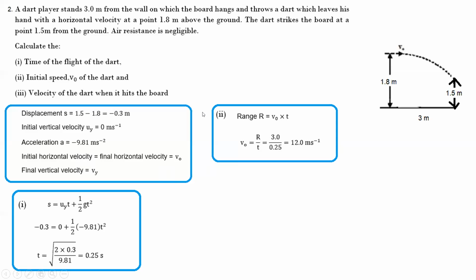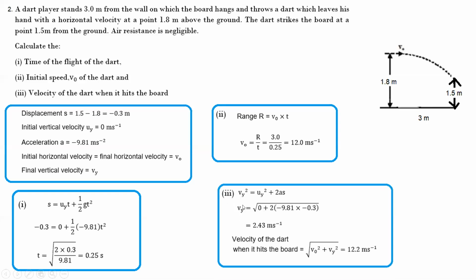The next part of the question, we have to identify the velocity of the dart when it hits the board. So they're asking us to find the final velocity, which means we first have to find the final vertical velocity and also the horizontal final velocity and find the resultant of both.